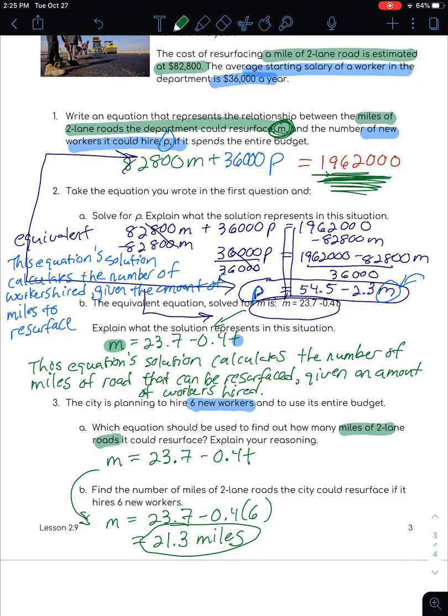All right, so in each one of our problems, we had an original equation that we came up with, but then we needed to rearrange and solve for each one of the variables to create an equivalent equation that could more easily calculate the information that we were trying to find. So that oftentimes happens in things like science, like when you're doing formulas in science, density equals mass divided by volume.